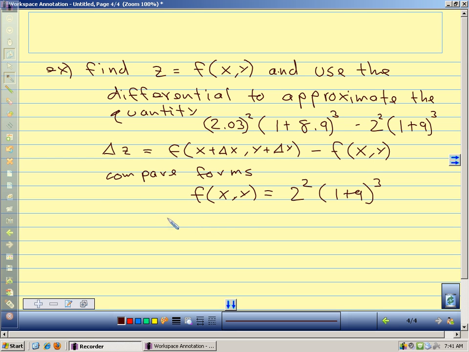So let's let f of xy equal x squared times 1 plus y to the third power.